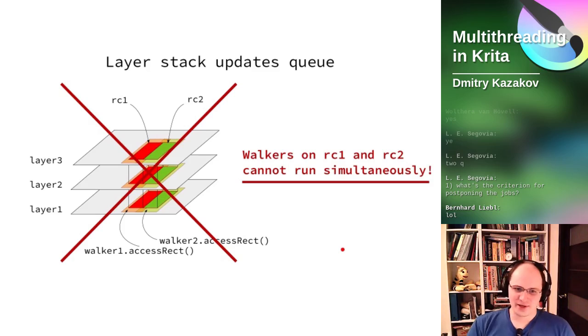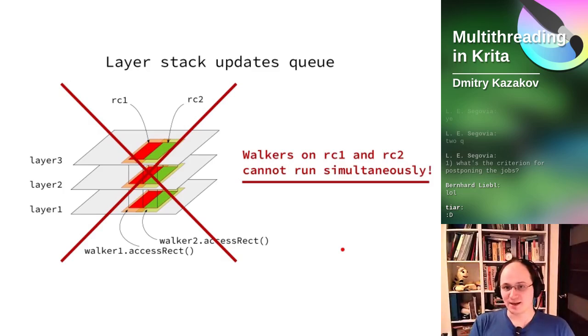What is the criteria for postponing the jobs? Basically, we keep track of what jobs are running at the moment on the CPU, and we iterate through the queue. If we can run this job in parallel to currently running jobs, we run it.